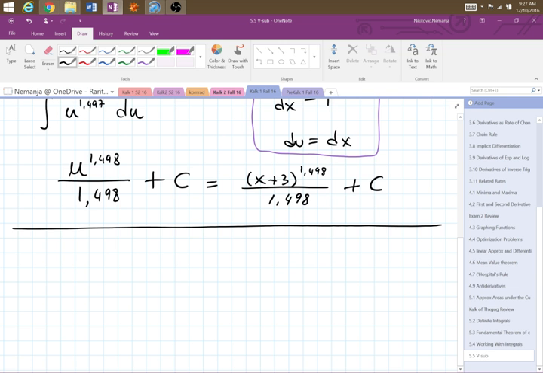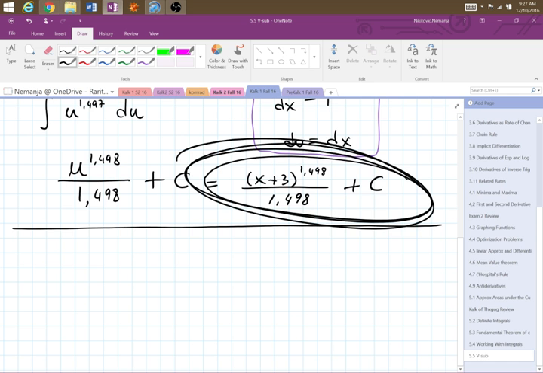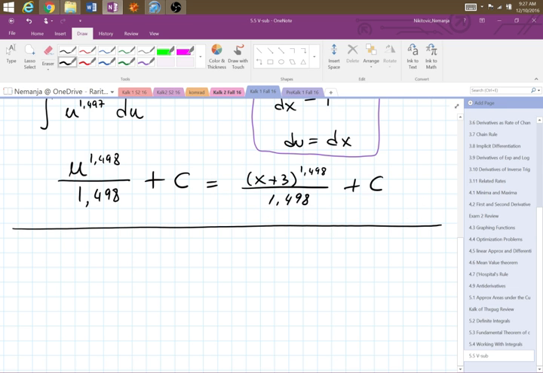So if I want to check my answer, I will have to use the chain rule to take this derivative, and I will get exactly the same back, right? Derivative of plus c is 0, because c is a constant. In some sense, integration shouldn't be too crazy, because every time you do the integral, you should be able to differentiate and check whether you did it right or not.